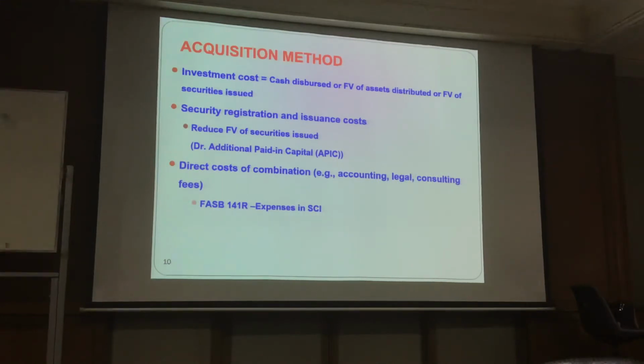Another direct cost, like consulting fees or legal fees, is charged directly to the statement of comprehensive income, treated as an expense. Indirect costs are recorded as an expense as well. So basically, all kinds of combination costs turn out to be expenses.